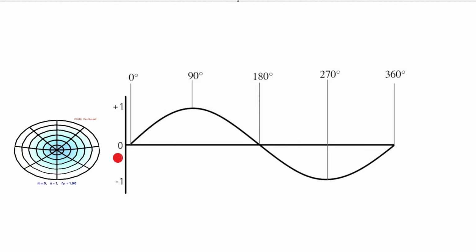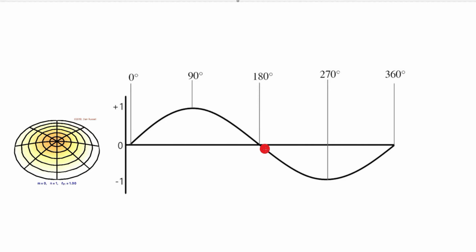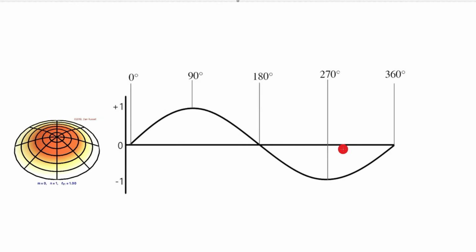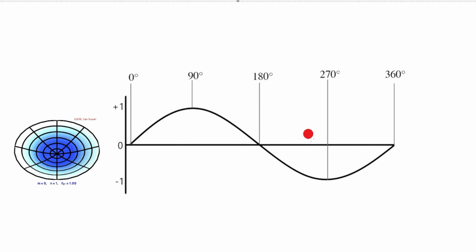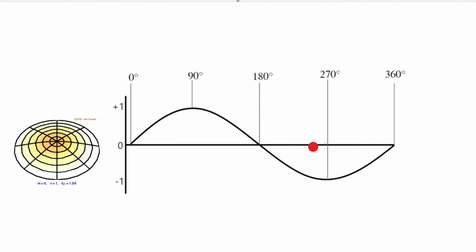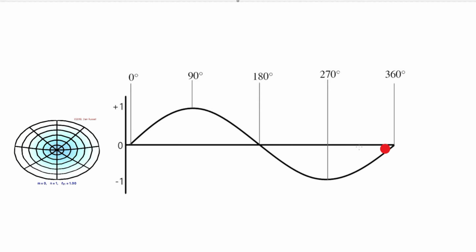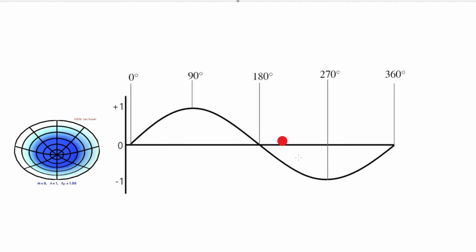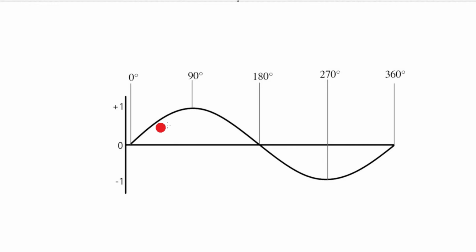And then below the line is a negative voltage, where the speaker cone is being pulled back, and this is causing a low pressure wave, where the air molecules are rushing in to fill the void created by the membrane of the speaker cone pulling backwards. And so we have this high pressure, low pressure, high pressure, low pressure cycle going on, and this is represented mathematically as a sine wave.